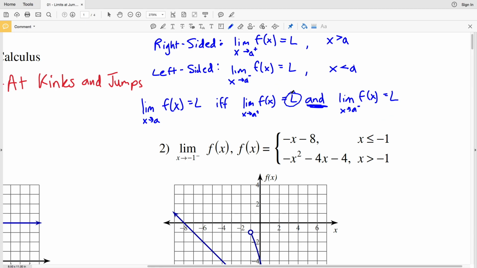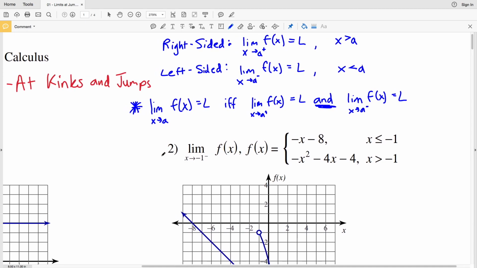If one of those does not equal L, let's say the limit from the right, then the limit as x approaches a does not exist. So this is a very important note.